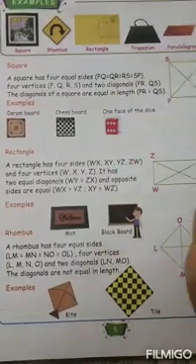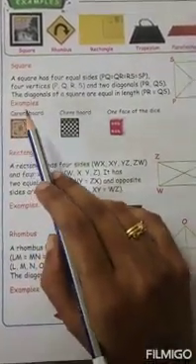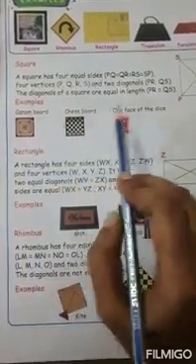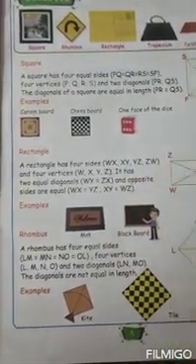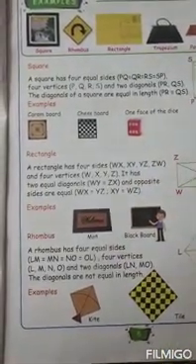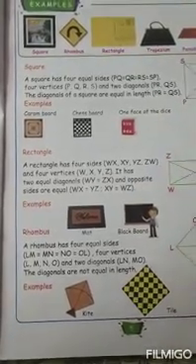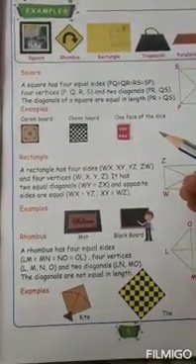So it is all sides equal. So few examples for square are carrom board, chessboard, one face of the dice. The whole dice you should not say, because a dice is a cuboid. So one face, the front face or back face, any one face will be in square shape.